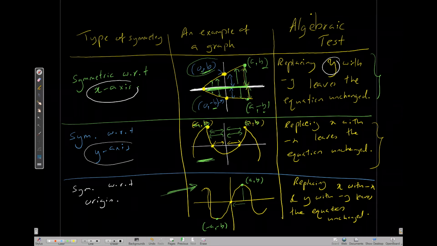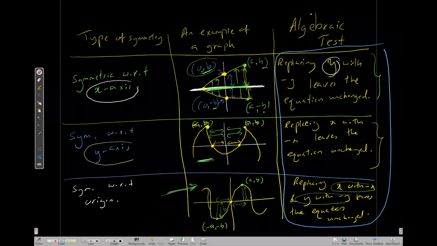Here this length is a as a length, this is also a, but as a coordinate that is negative a, and this length is b, this length also b, but as a coordinate is negative. That's why you replace both of them. So that is the theory part, that is what's going on. But when we actually solve problems, what you really need is this part, this column right here in this table.